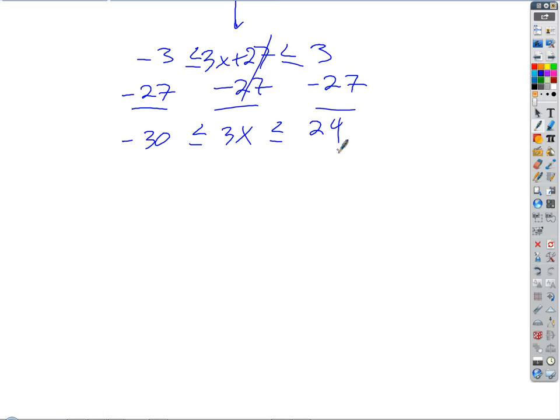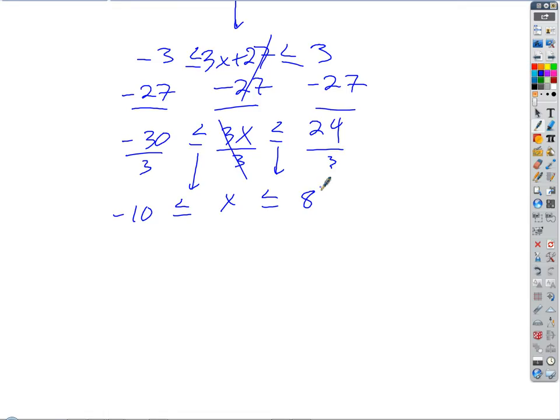Next step, divide by 3. When I divide by 3, I'm dividing by a positive, so I don't have to flip the inequalities. Everybody agree? So I get -10, x, and 8. That's my answer, right?